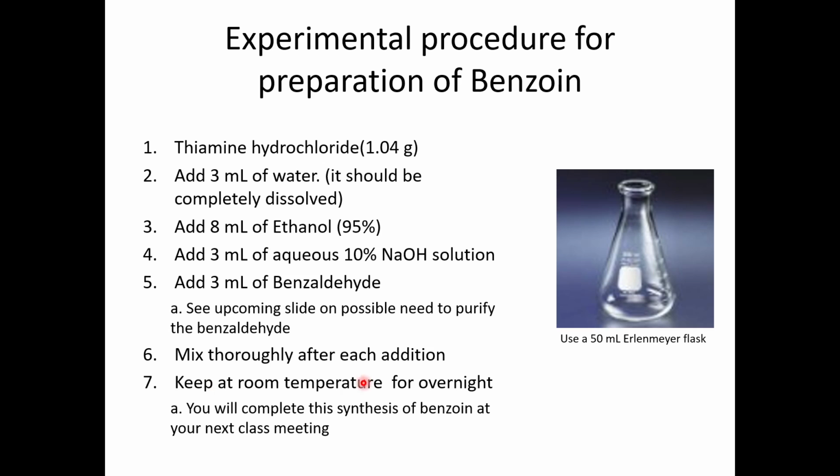You just leave the reaction for 1 week actually. So the reaction is done in 7 days. You will complete the synthesis of the benzoin in the next class meeting. In the next class you're going to do the workup of this reaction, finish it, and isolate the benzoin as the molecule.